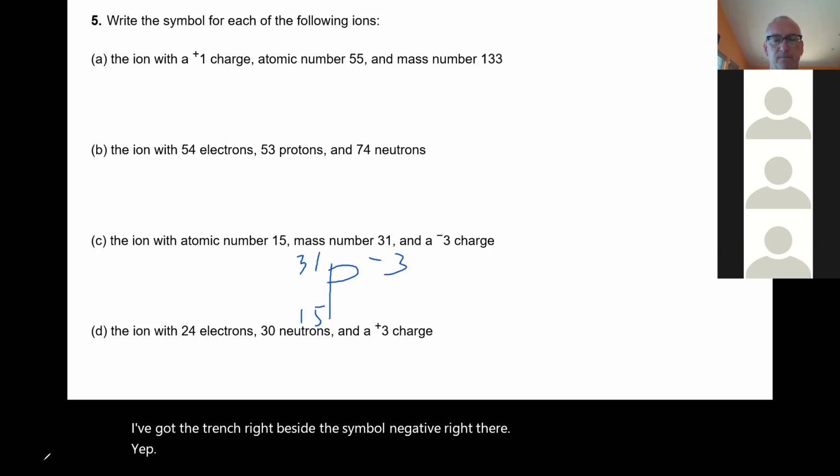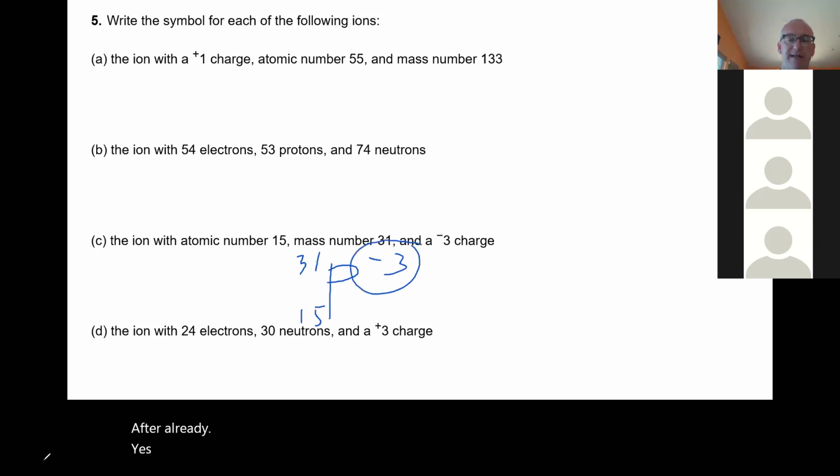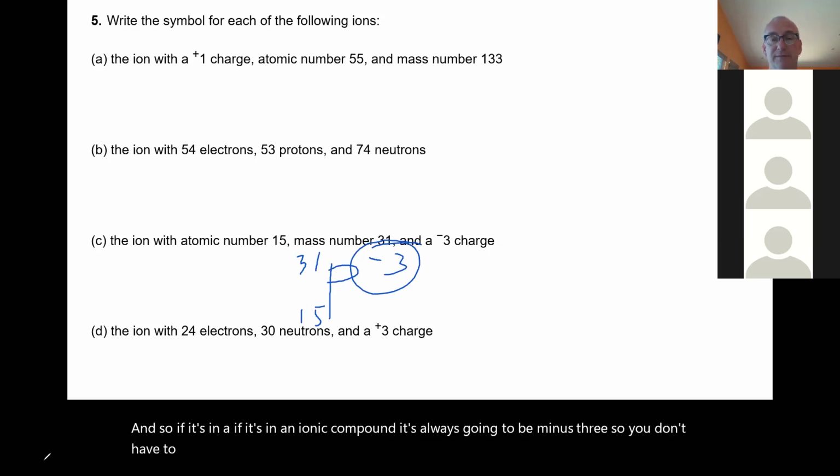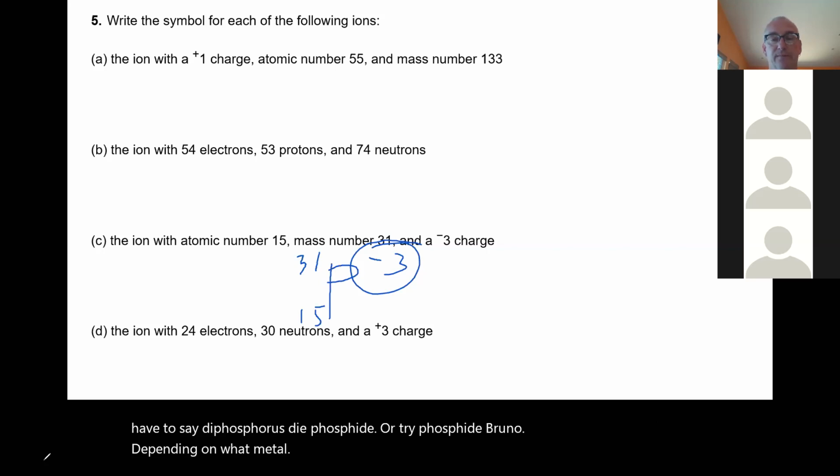Oh, okay. So that's the answer already. Yeah, so phosphorus always has a charge of -3. And so if it's in an ionic compound, it's always going to be -3. So you don't have to say diphosphide or triphosphide. We're going to know, depending on what metal it's with.